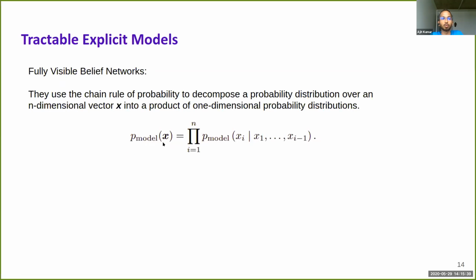So let's talk about one of these networks. Let's say that we have this probability distribution that we are trying to estimate. We can do it in a chain-wise manner, where we have this probability distribution of xi conditioned on all the previous xi, and so this basically represents the whole probability distribution of the model that we're trying to fit.